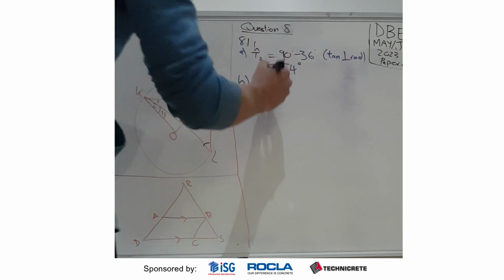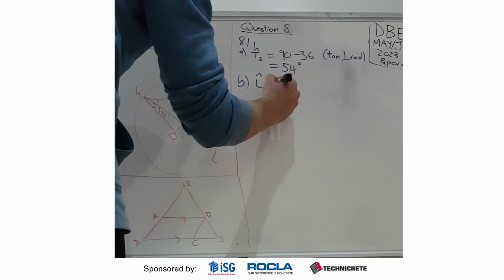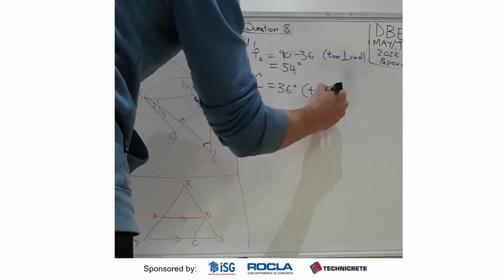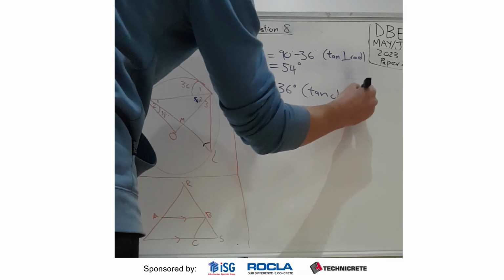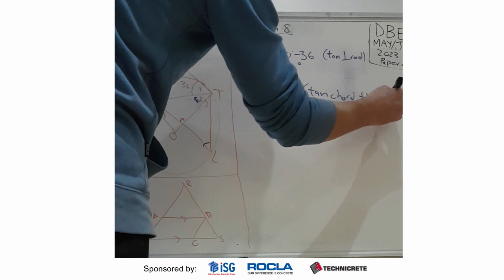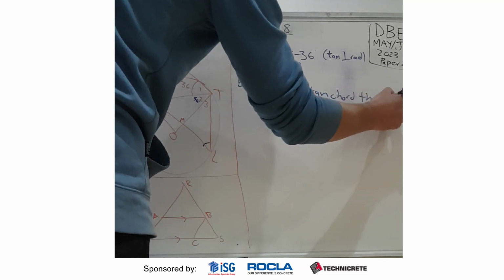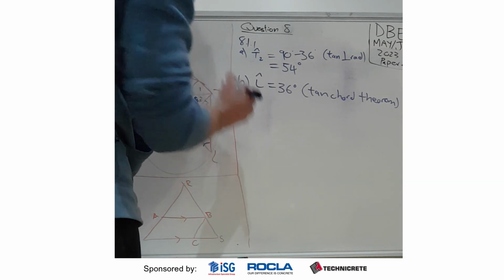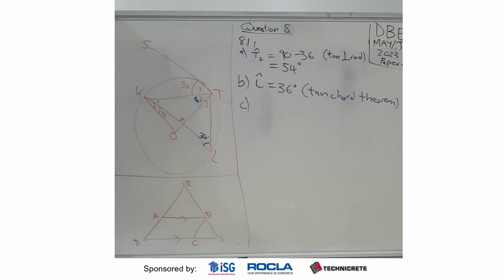In other words, we can just say right away that angle L is 36 degrees. Why? The tan chord theorem, as in, we know this is going to be equal right there.